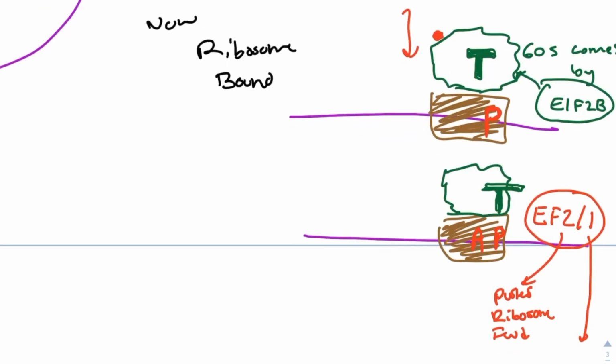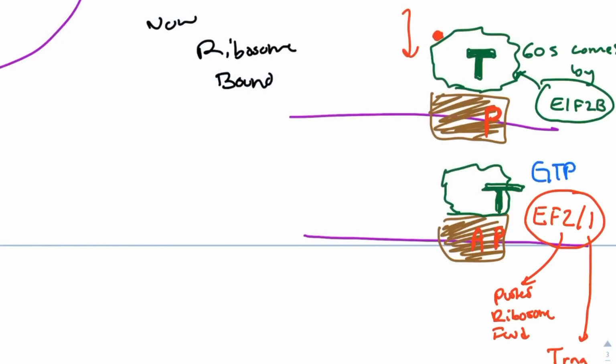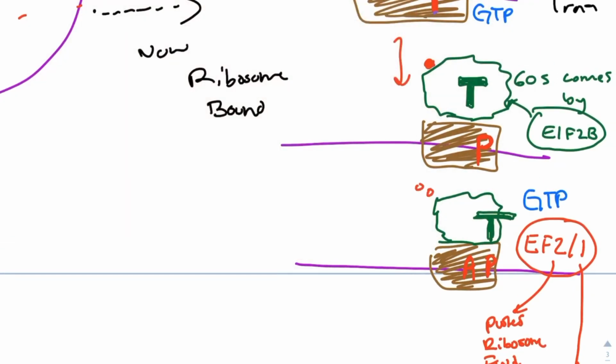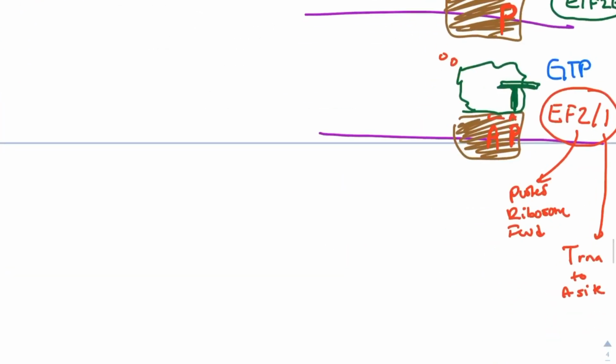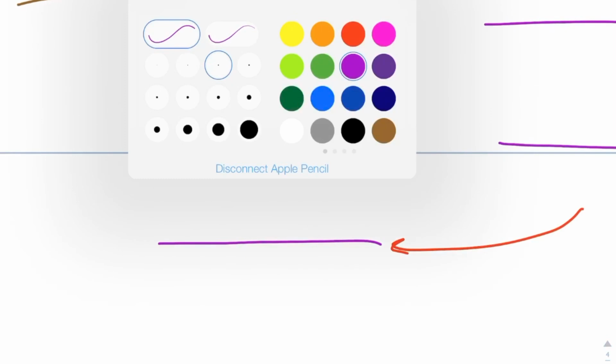Now, EF2 pushes the ribosome forward, while EF1 takes the tRNA to the A site. So basically, pushing the ribosome forward, the tRNA isn't moving forward with it. The ribosome's moving forward, and the tRNA will go to the A site to continue to create these amino acids, but it still has to leave. So tRNA is taken out of the equation through EF2 and EF1, but the most important thing is what these two do.